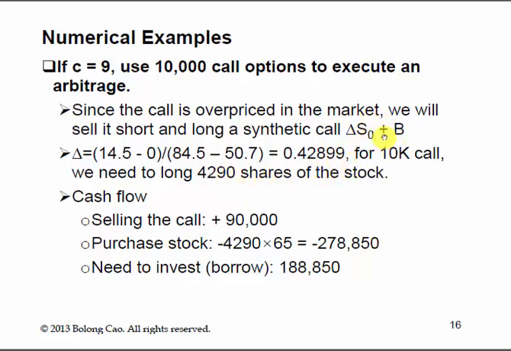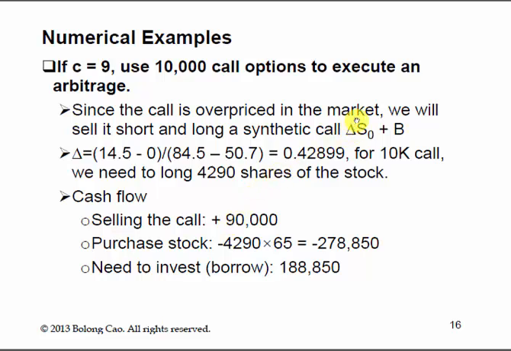And remember, we have to borrow money. Let's see how it works. First, we sold 10,000 call options, each option for one share. That brings in $90,000.